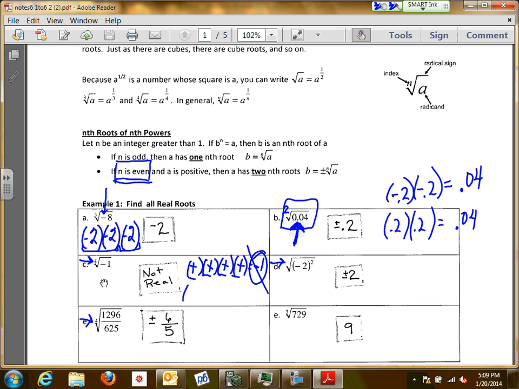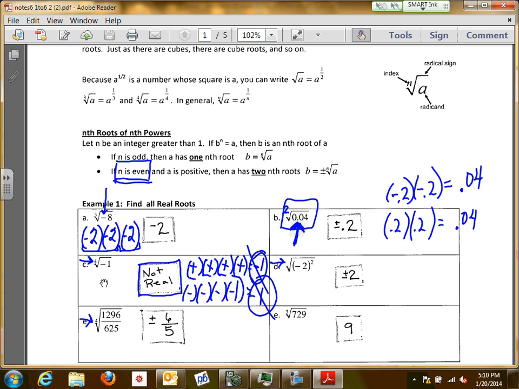Also, if you multiplied 4 negatives together, then you would be getting a positive, not a negative. So that is why this is called not real. It actually has an imaginary feature, and that is a different lesson. That one's going to be happening in the future, not yet.